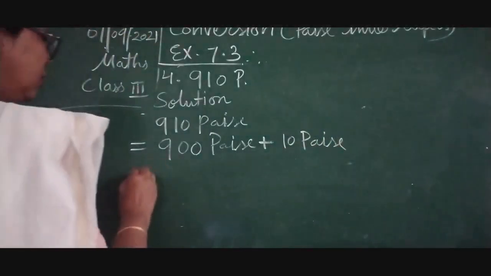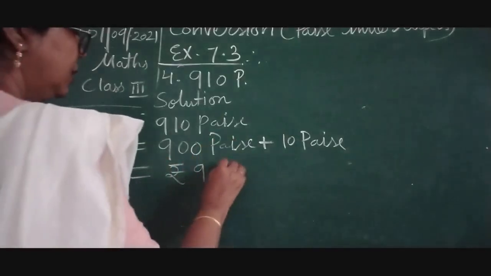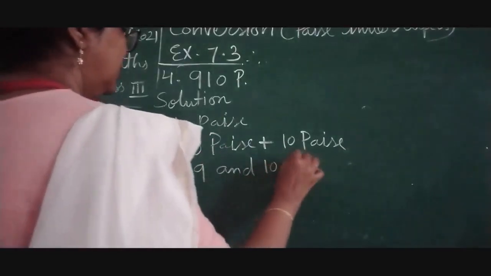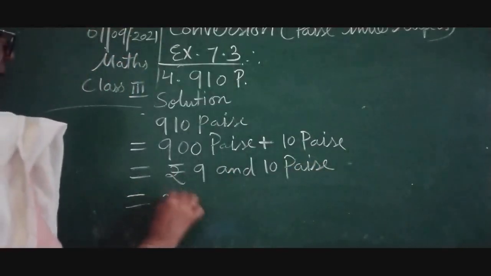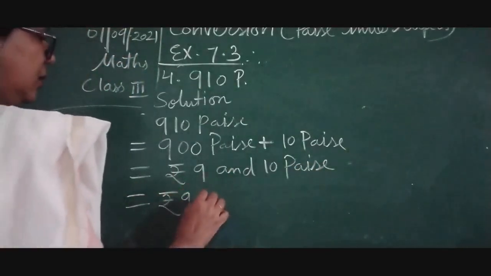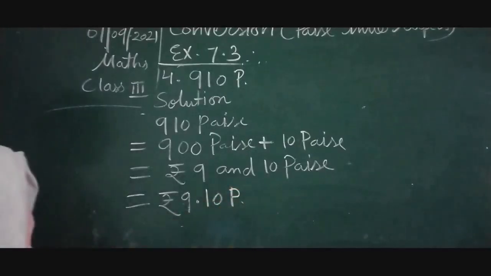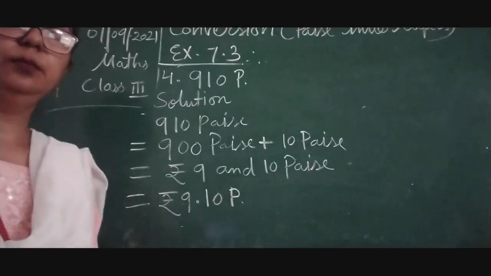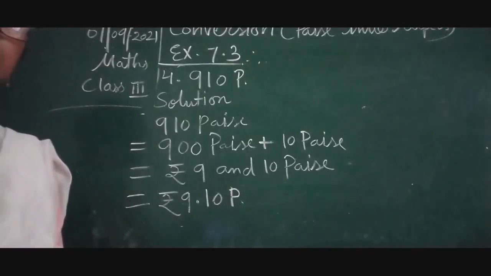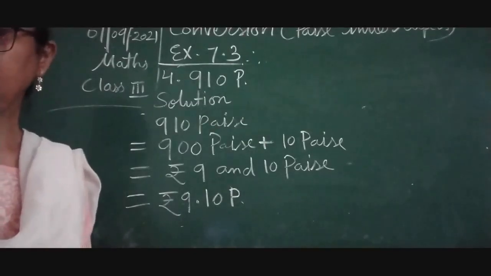Okay, equal to rupees 9 and 10 paise, equal to rupees 9.10 paise. So that is how we can do 9 rupees 10 paise. Okay, this is number 4. Completed, children? Completed.